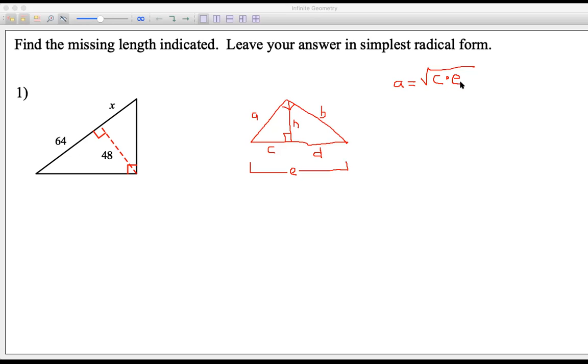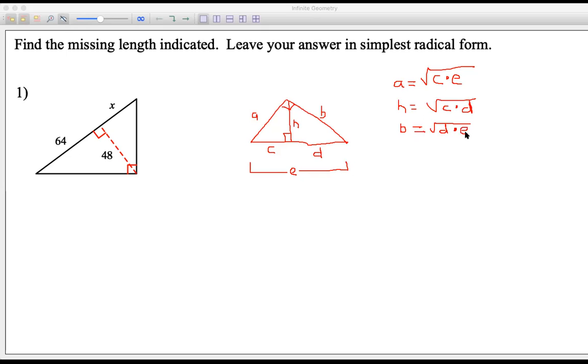They start off with H. H is equal to the square root of C times D. And then lastly, B is equal to the square root of, it's kind of the opposite of the A one, D times E.